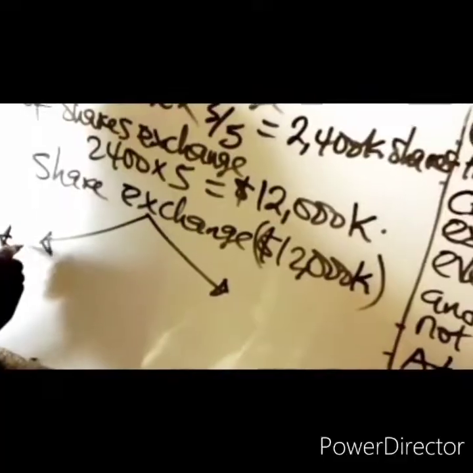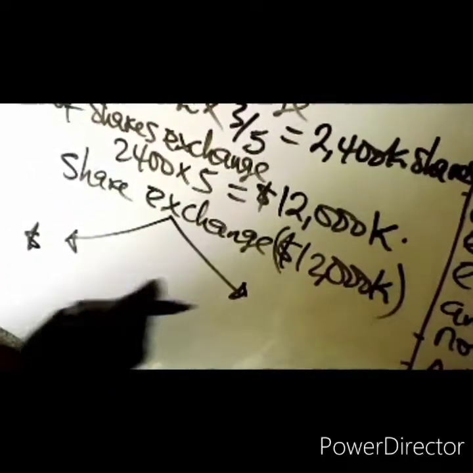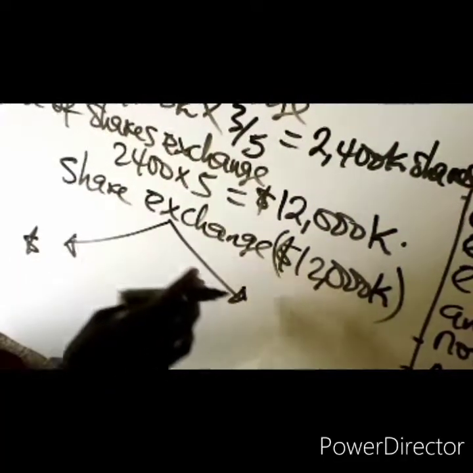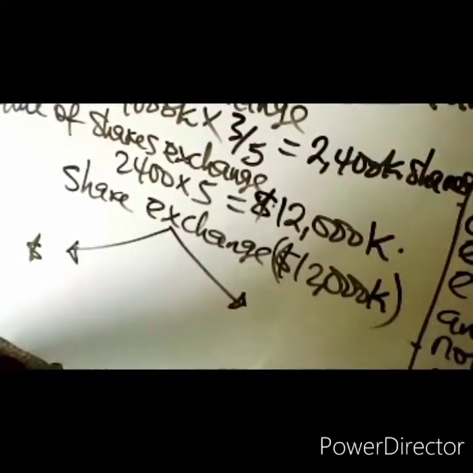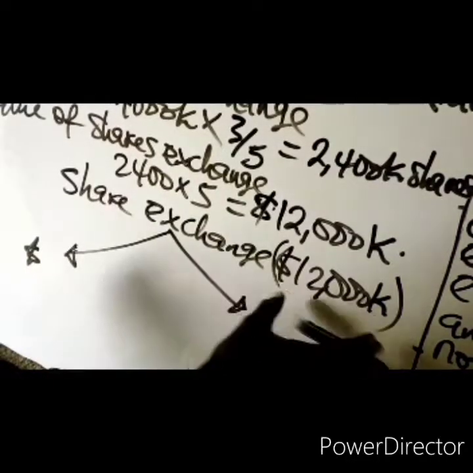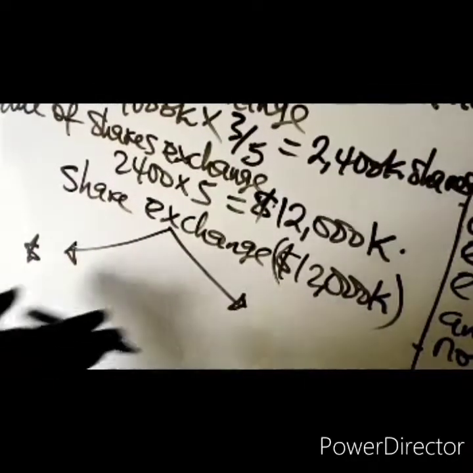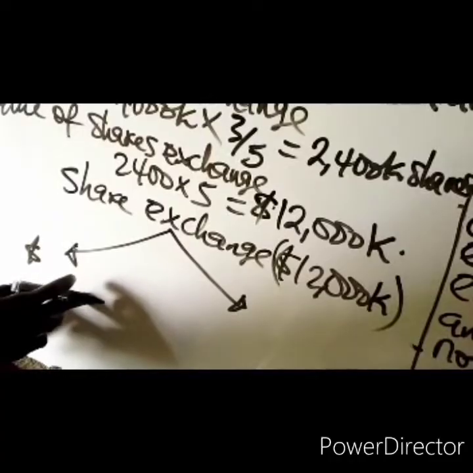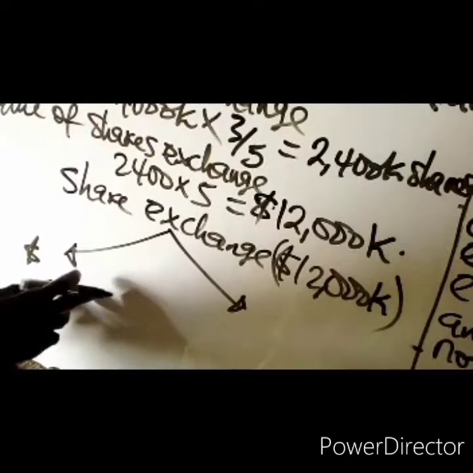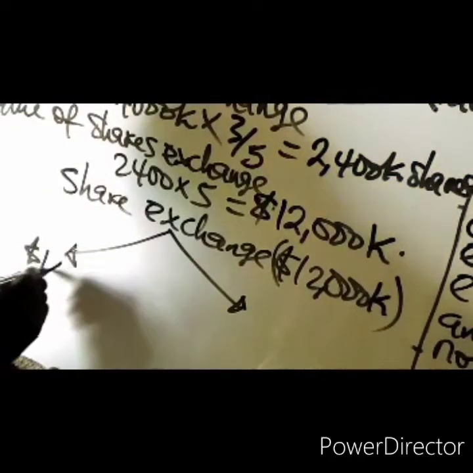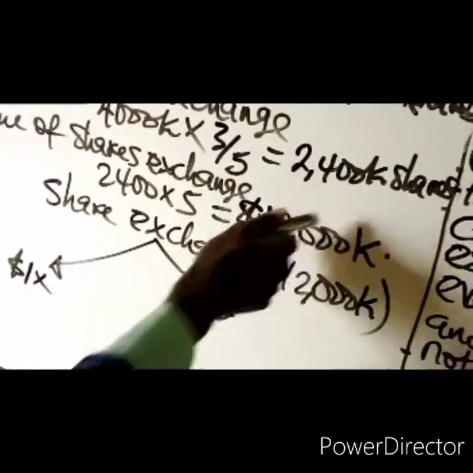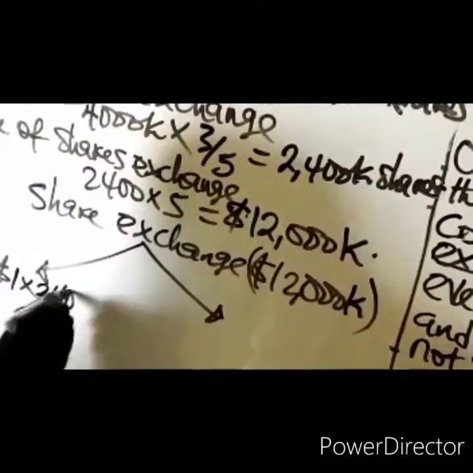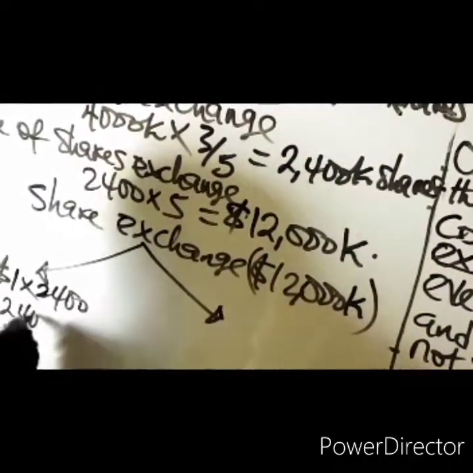So this 12 million, we want to divide it into 2. The par value: multiply the par value, which is $1, times number of shares acquired in exchange, which is 2.4. And that will give us $2.4 million.